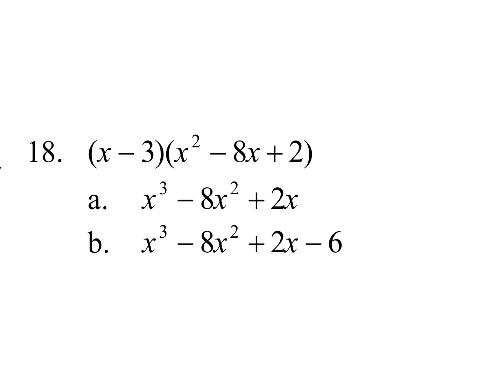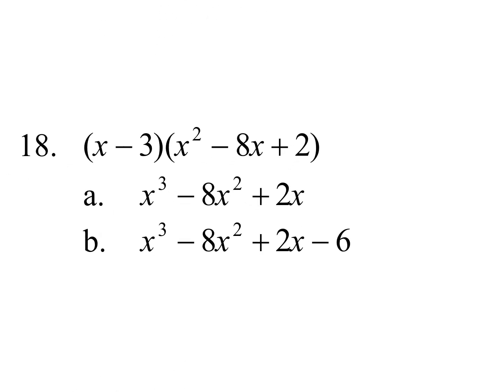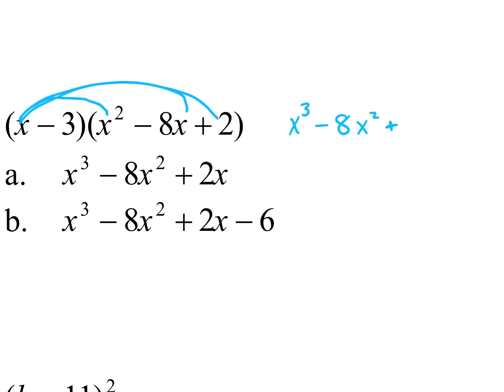So 18 is kind of the same, but it just has 3 terms in the second one, so we just have to make sure everything in our first parenthesis gets multiplied to everything in the second. So starting with the x. What's x times x squared? X to the third power. Then I have x times negative 8x would be negative 8x squared. And x times 2 is 2x.